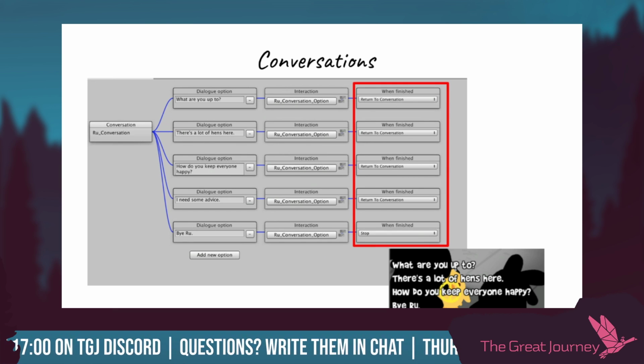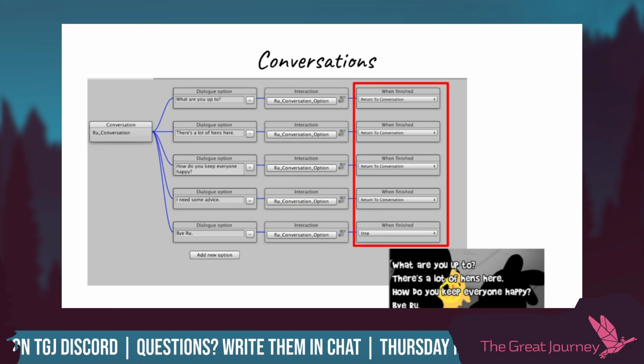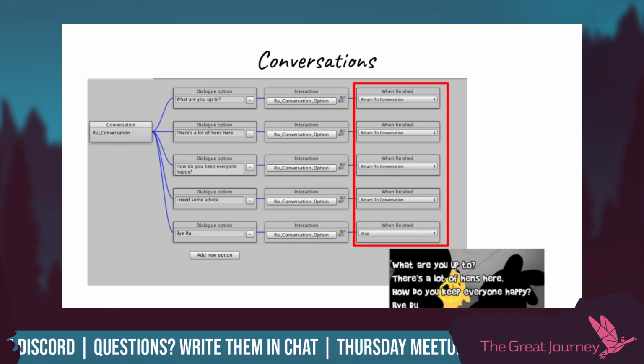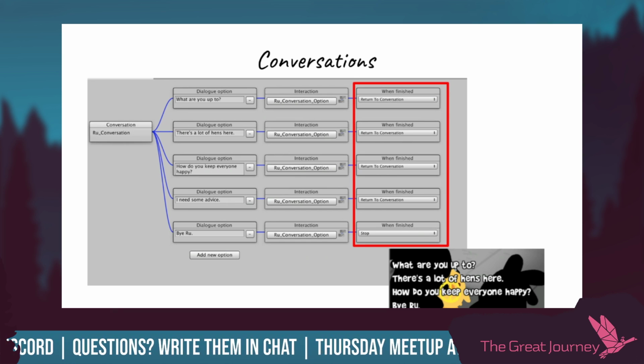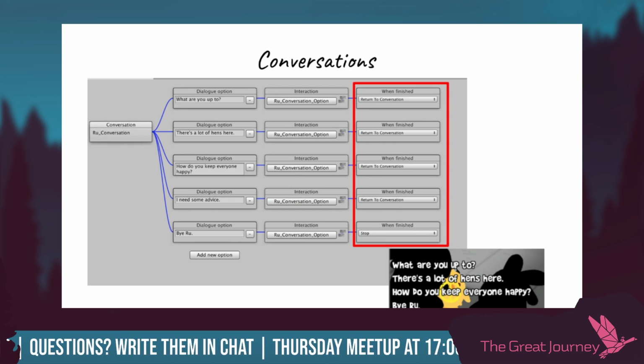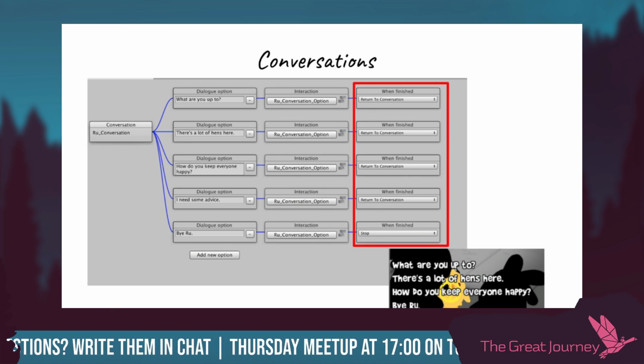One of the biggest parts in point and click games is conversations and talking with NPCs. And to manage conversation in Adventure Creator, there is a neat feature called the conversation editor. And this is an example of what a conversation looks like in the editor.